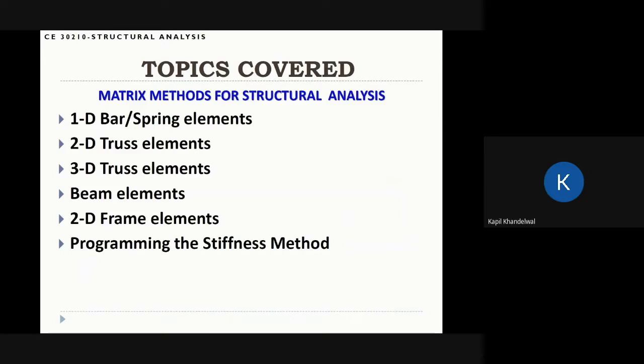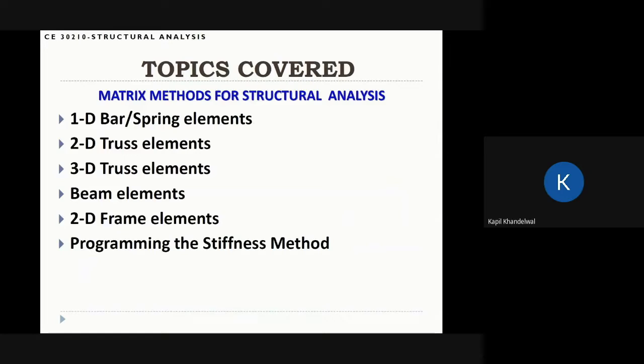And so in our class, I have introduced different elements. When I say elements, it means that these are mathematical representations of some physical structure. So for example, I have introduced 1D bar or spring elements, and we also talked about 2D truss element, 3D truss element, the beam elements, 2D frame elements.